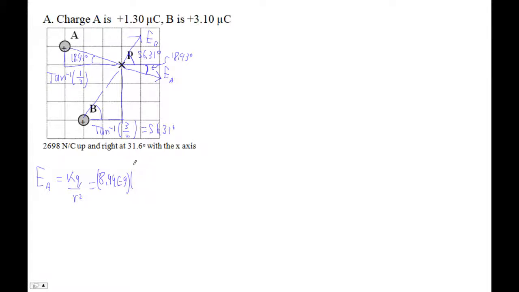Okay, A is 1.3 microcoulombs. Right, and then it's R squared, right? So we are the square root of 1 squared plus 3 squared. Each square is a meter, right? 1, 2, 3, 1 meter. There we have it, right? And then, of course, that's squared. And the square and the square root will go away just like they always do.